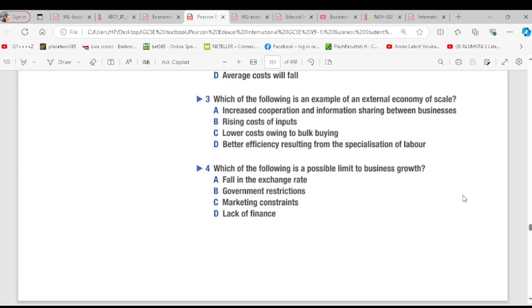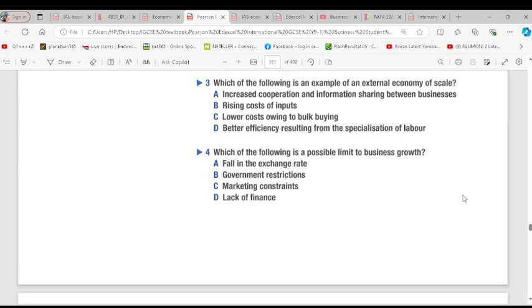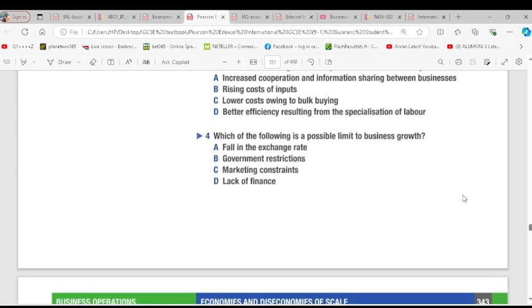The answer is A. Increased cooperation and information sharing between businesses. Yes, more firms means more sharing. Question 3 is A.